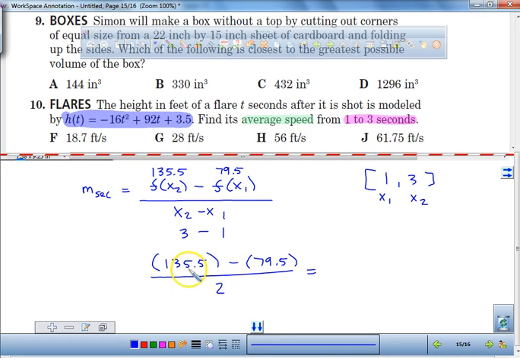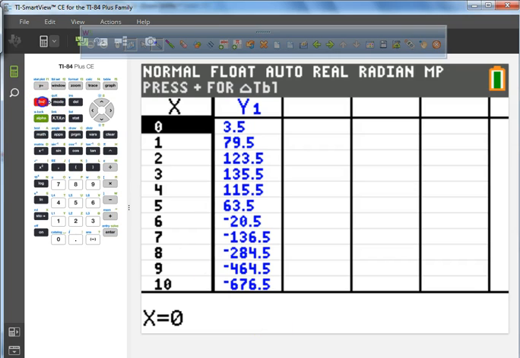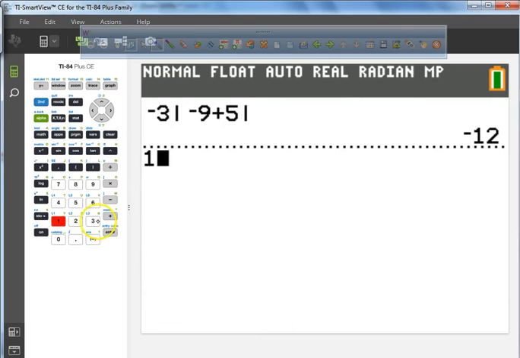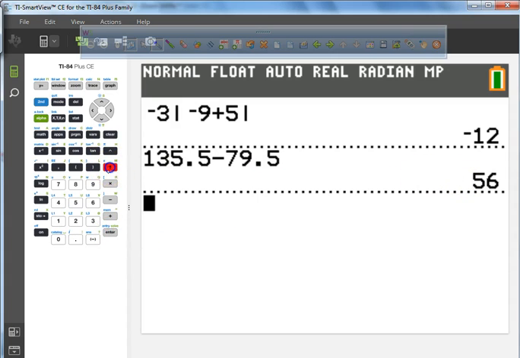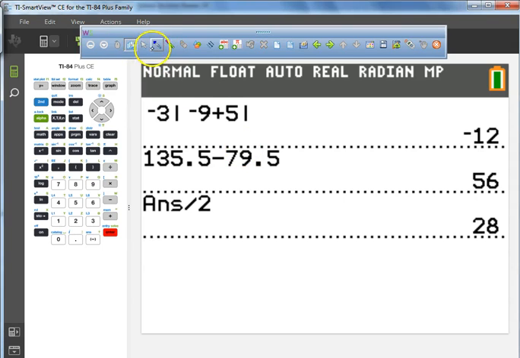So that's all you need to do. Do 135.5 minus 79.5, divide it by 2. Enter. And what we've got to do is take that and divide that by 2. What do you get?